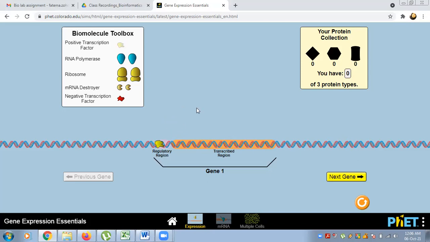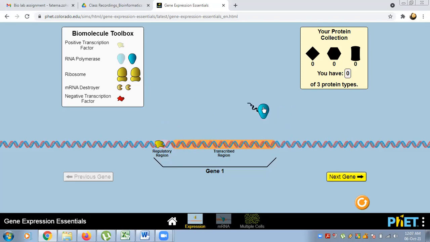Okay, so it's bound to it. Now what do we need? We need the RNA polymerase, right? RNA polymerase. Yes, so you can see the RNA polymerase has produced the mRNA, which is single-stranded.